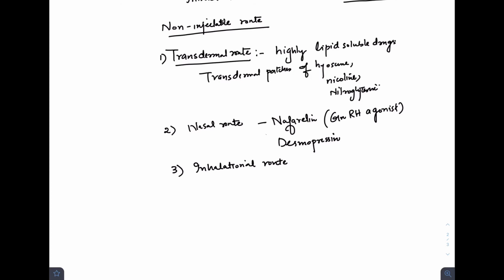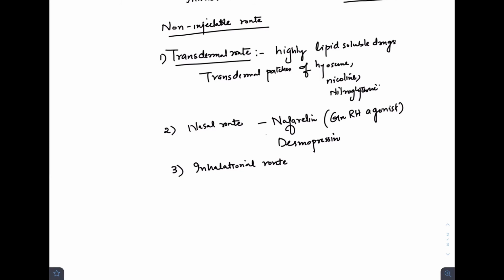So IV infusion is equal to inhalational route, but the difference is that IV infusion is an injectable route and the inhalational route is a non-injectable route. The difference lies only in the way they are administered, but it's the same mechanism of controlling the rate of drug delivery.